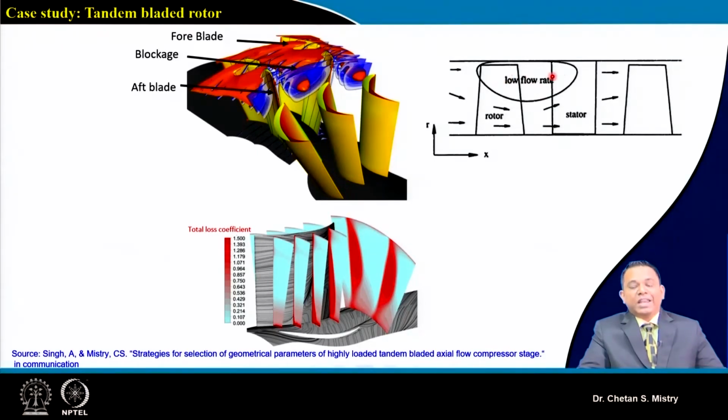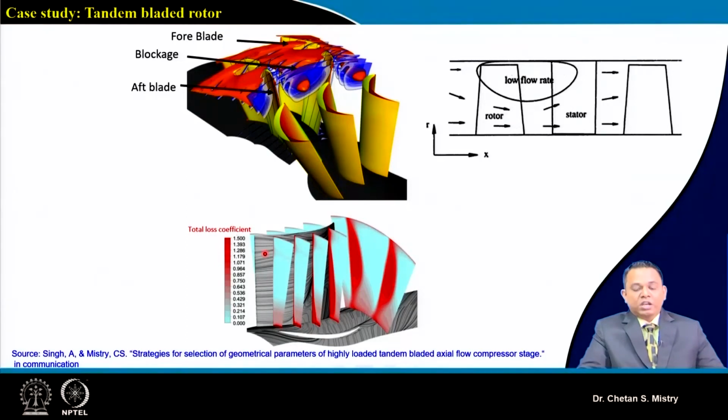When that strikes the stator, the challenge for the design of the stator will increase. So here, this is the flow blockage coming out from our tandem bladed rotor. Now this will be striking the stator, and that makes the design of the stator very challenging.